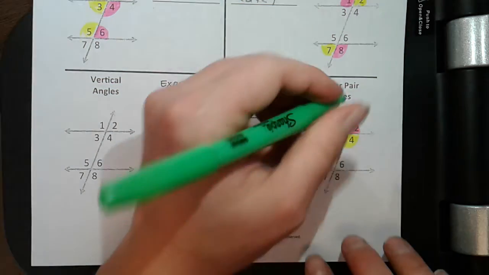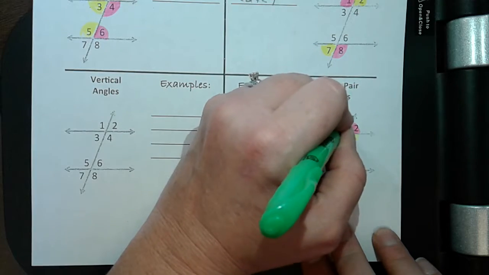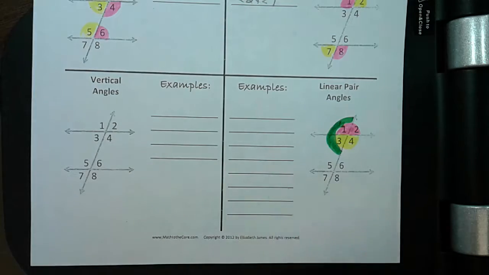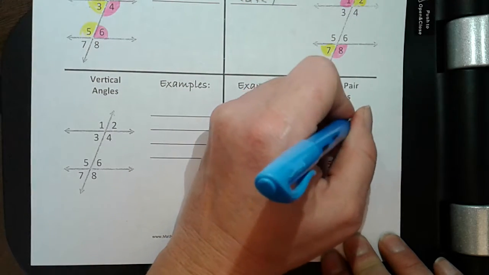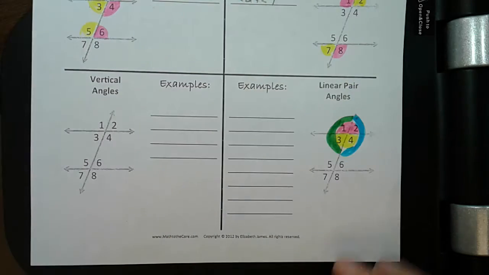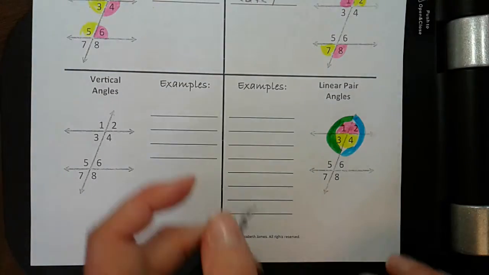But guess what? 1 and 3 also form a line there. And 2 and 4 also form a line. So there's lots of linear pairs there.